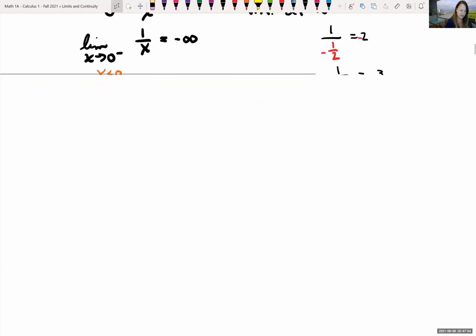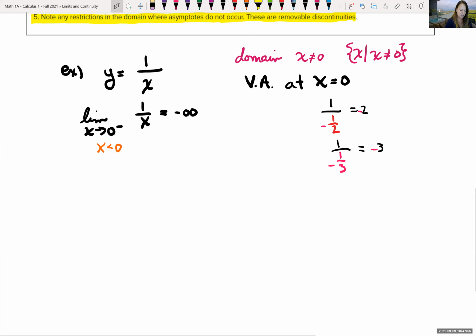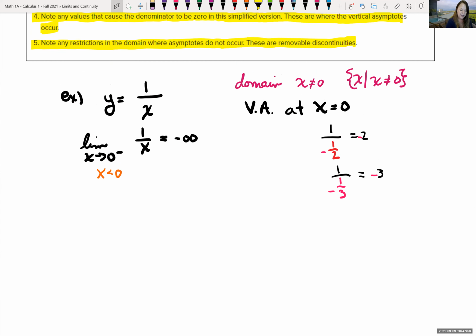If we look at the limit as x is going to 0 from the right-hand side of 1 over x, well, we're plugging in values which are greater than 0.